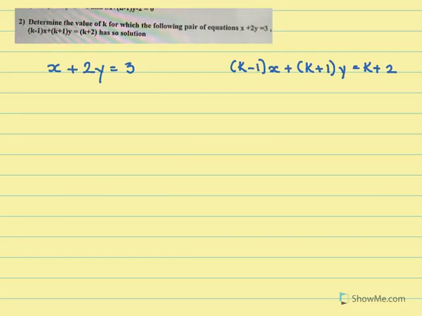Here's my second set of equations, and again I compare with the general equation ax plus by equal to c. So this is my a1, which will be 1. Coefficient of y is b1, constant term c1.